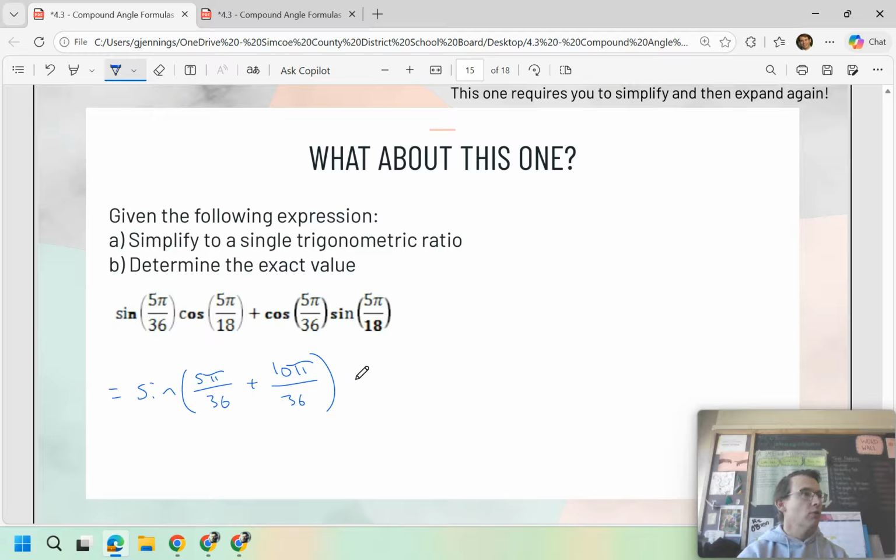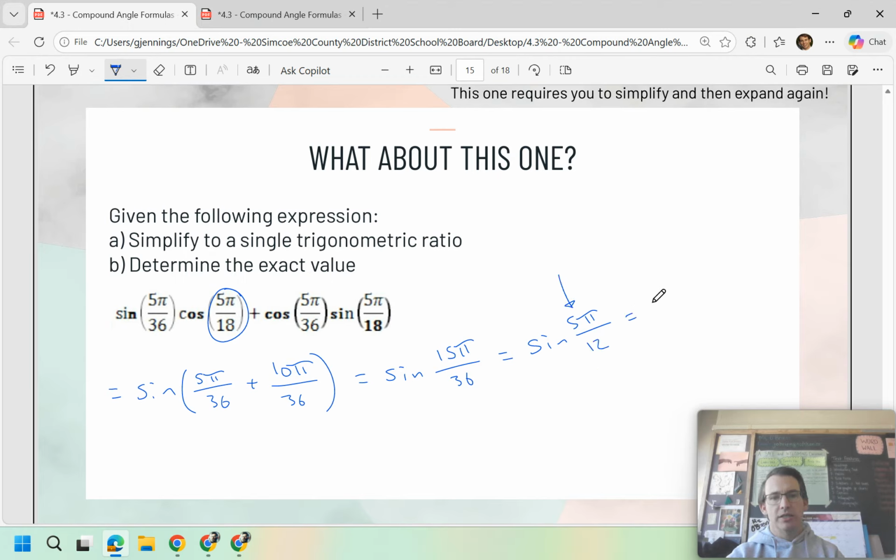Why 10 pi on 36? Because I didn't have the patience to write another line, so I'm just creating my common denominator ahead of time. And then this is equal to sine 15 pi on 36, which is a fancy way of saying sine 5 pi on 12.